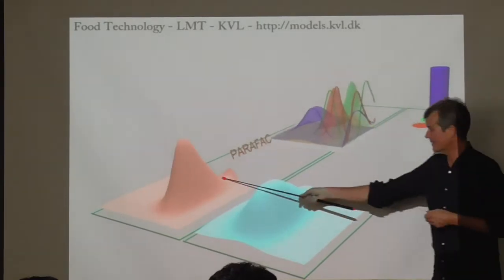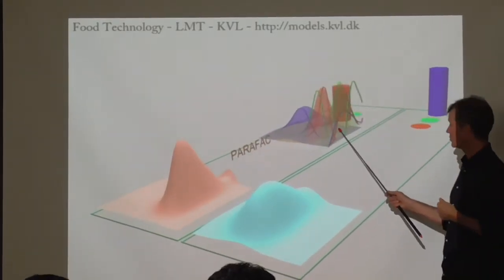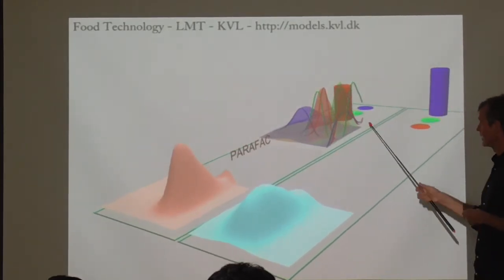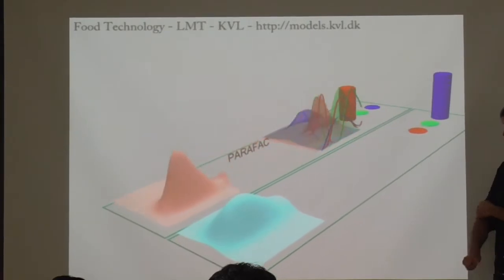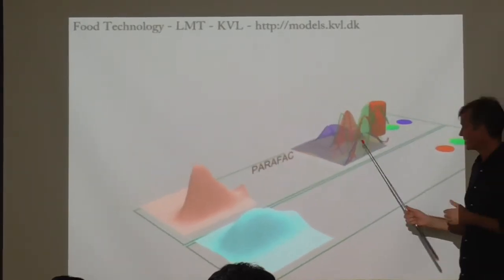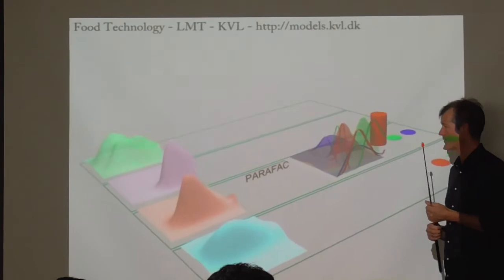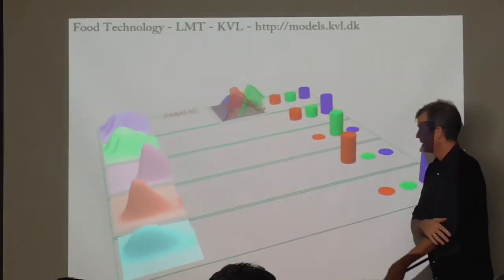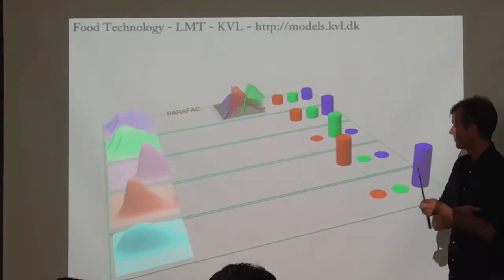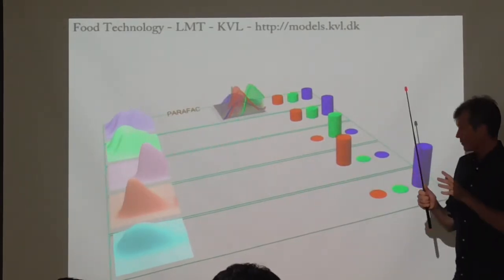And here's a completely different sample, but I'm still going to use exactly the same shapes. Now I'm just going to multiply the green and the blue one by 0. So no matter what combination of these three chemicals I have, I can always describe them by the same excitation and emission spectrum. And that's perfectly fine.